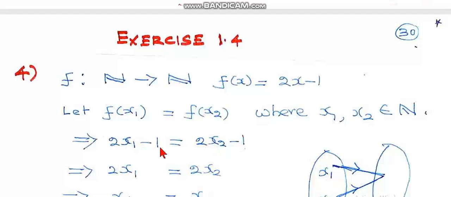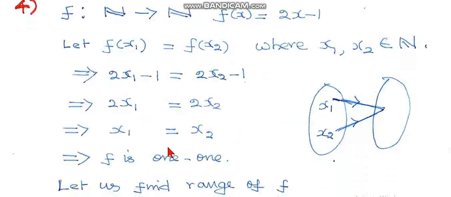So 2x1 minus 1 equal to 2x2 minus 1. Minus 1 gets cancelled on both sides. 2x1 equal to 2x2. We can divide both sides by 2. x1 equal to x2. So f of x1 equal to f of x2 leads to the result x1 equal to x2. Therefore f is 1, 1.